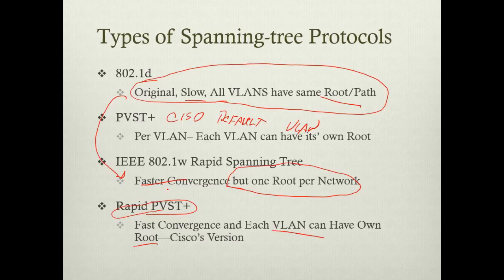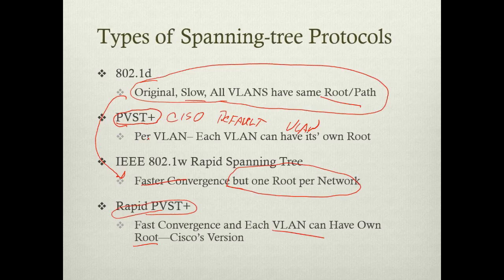And 802.1w, rapid spanning tree, I've forgotten the exact command, I may have it here in a minute, but you can turn on rapid spanning tree. It's not the default. PVST+ is the Cisco default for their switches.